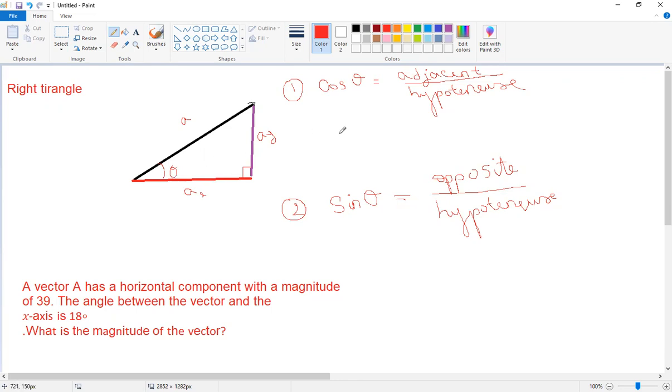In this case, it's ax, right? So cosine theta is ax over the hypotenuse. What is the hypotenuse in this triangle? The hypotenuse is the side that is opposite to the 90 degree angle. So in this case, it's A.